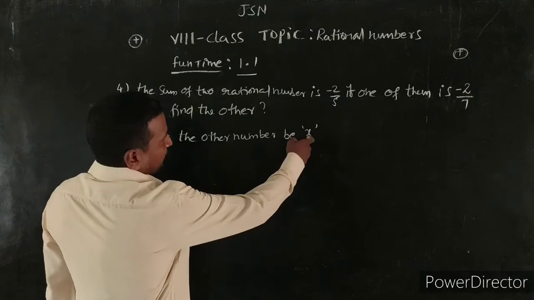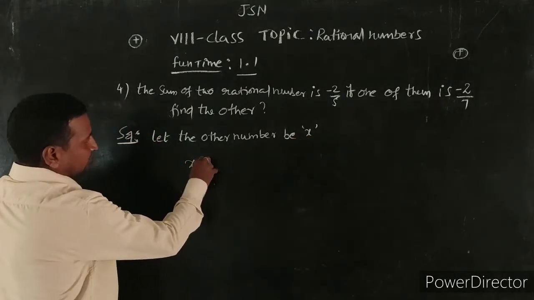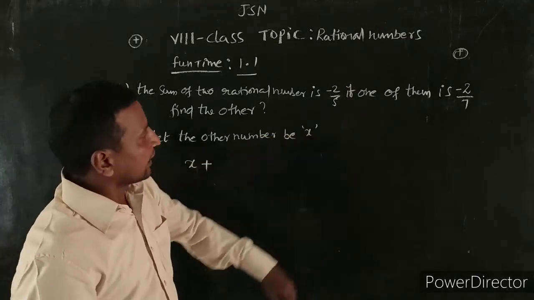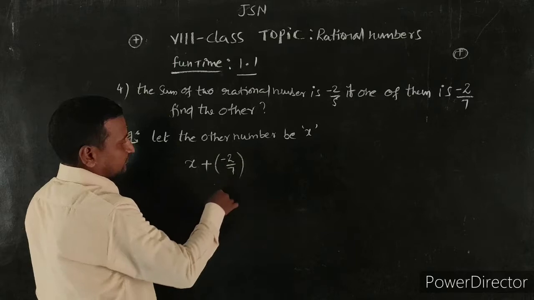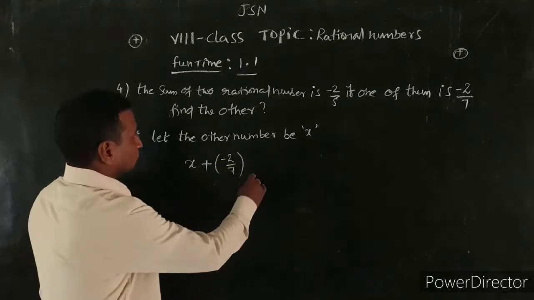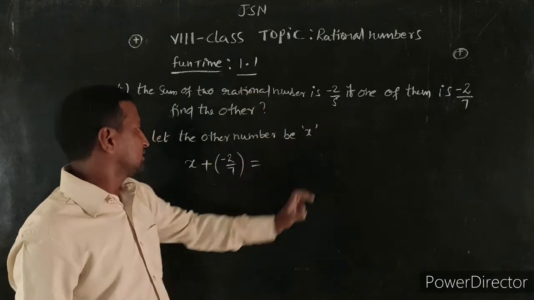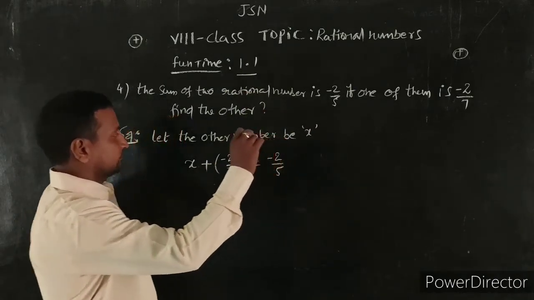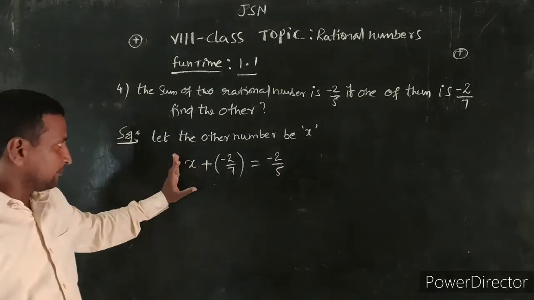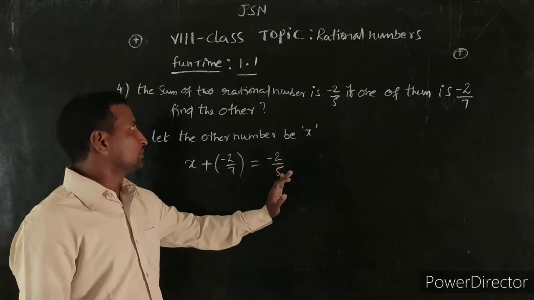Means one number is x and the given one number is minus 2 by 7. Other number plus one of the numbers equals minus 2 by 5.